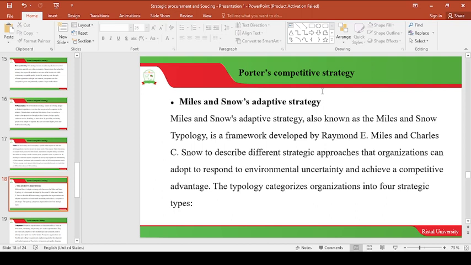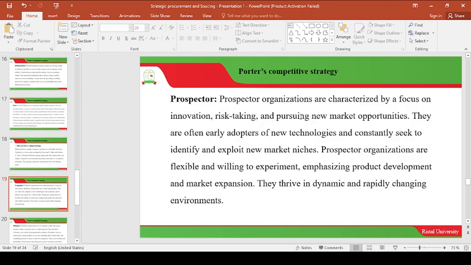So the Miles and Snow adaptive strategy, also known as the Miles and Snow typology, is a framework developed by Raymond E. Miles and Charles C. Snow to describe different strategic approaches that organizations can adopt to respond to environmental uncertainty and achieve a competitive advantage. The typology categorizes organizations into four strategic types. One is prospector.